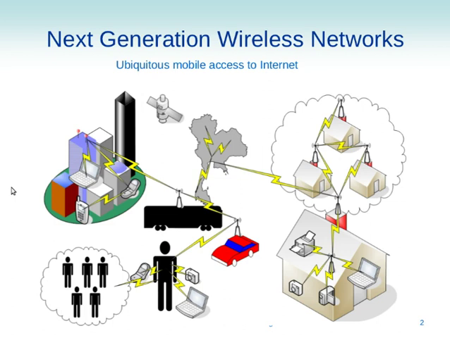The scenario is that let's assume in the near future that we'll have access as end users to a variety of different network technologies that provide us ubiquitous access to the internet.